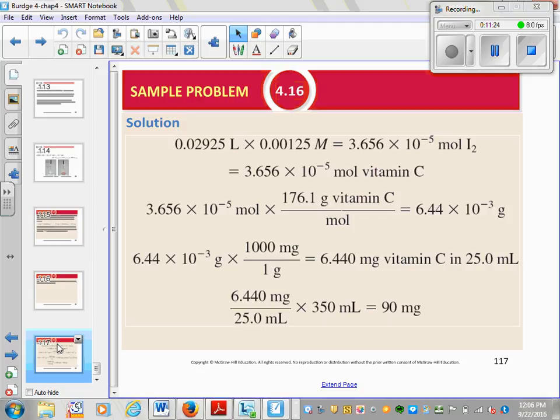So how much is in the 350 mL bottle? Turns out to be 90 milligrams. It's that much in 25, you just set up a ratio. That's 25, how much is in 350? Okay. So that's one way of doing it.